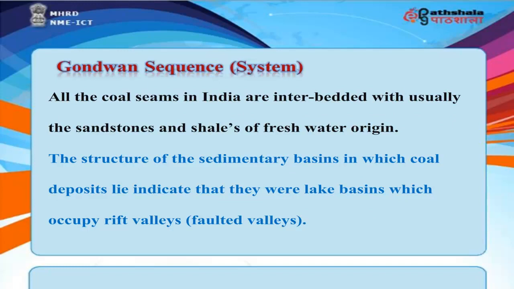All the coal seams in India are interbedded with usually the sandstones and shales of freshwater origin. The structure of the sedimentary basins in which coal deposits lie indicates that they were lake basins which occupy rift valleys or faulted valleys.